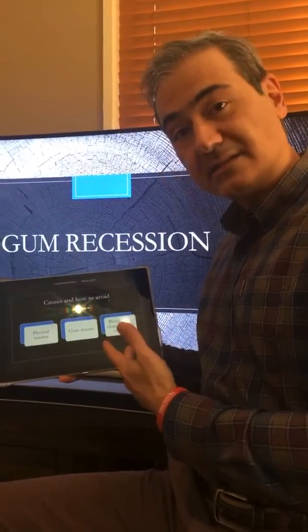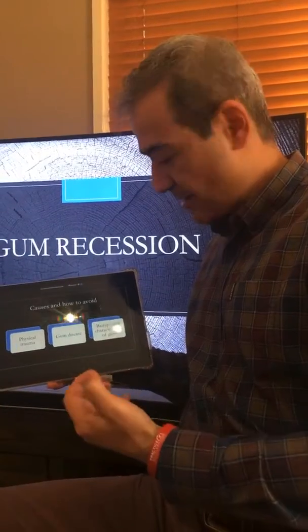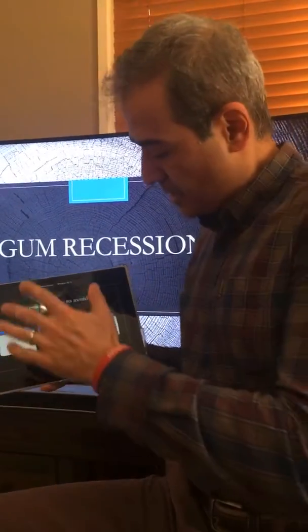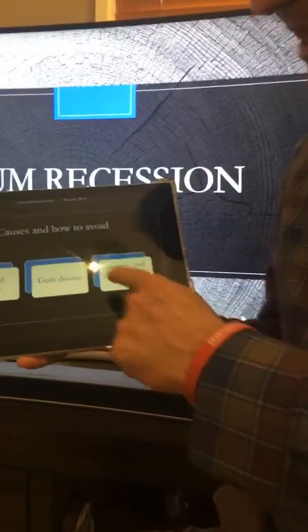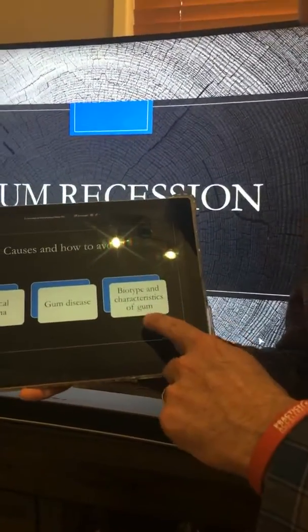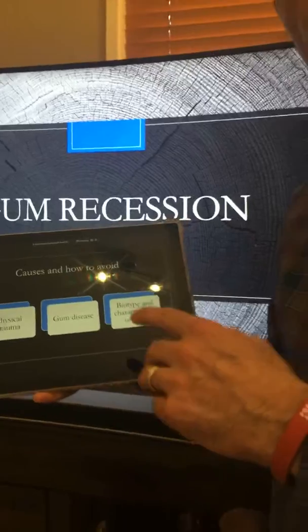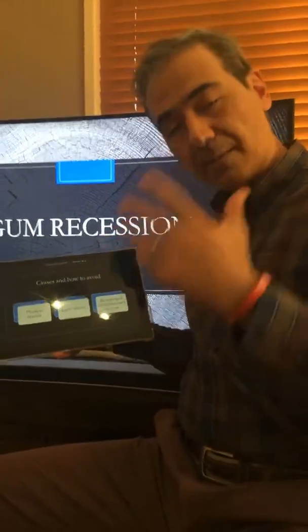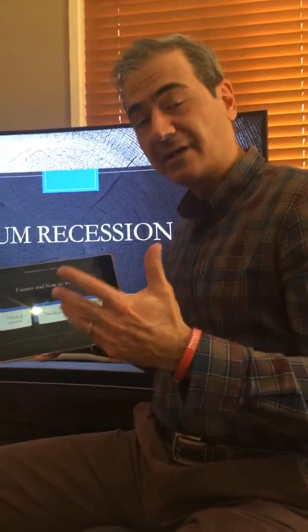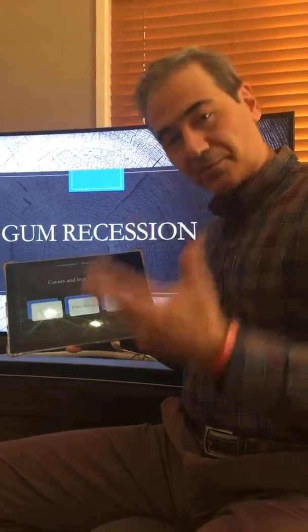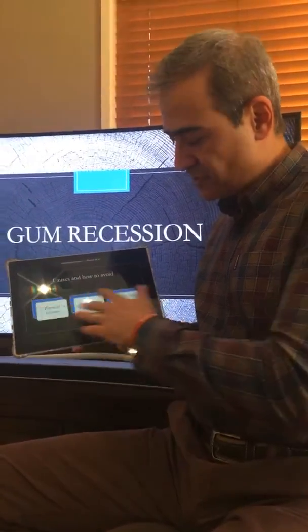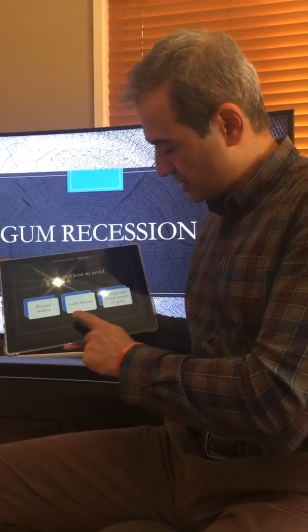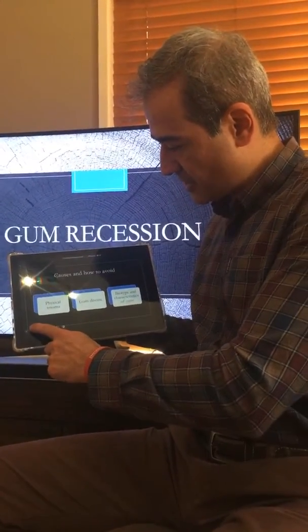In some cases, gum recedes after gum disease. So gum disease could be a contributing factor in gum recession. And the third one is the biotype and characteristics of gum. Some types of gums actually are more prone to gum recession. So we're going to delve into these three, and I'm going to give you more detail regarding this.